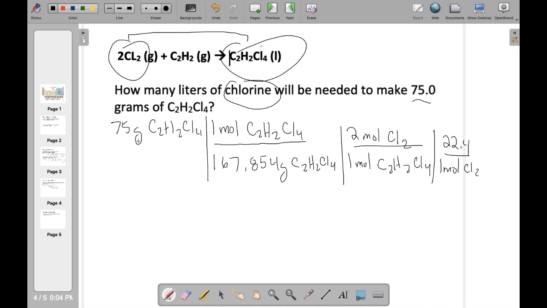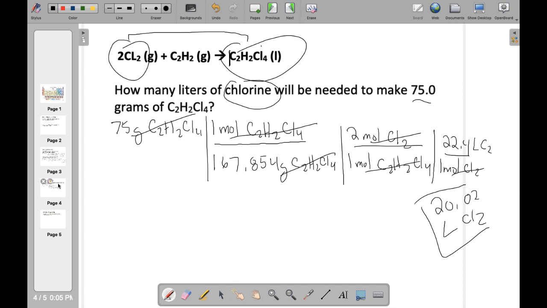So essentially we're given a mass, we're going from mass to moles to moles to volume. And do our units cancel? Moles, moles, moles, moles, liters of chlorine, which is what I want. So if I do this math, I'm going to end up with about 0.2 liters of chlorine gas. I already kind of did my math before, so I could save that time.